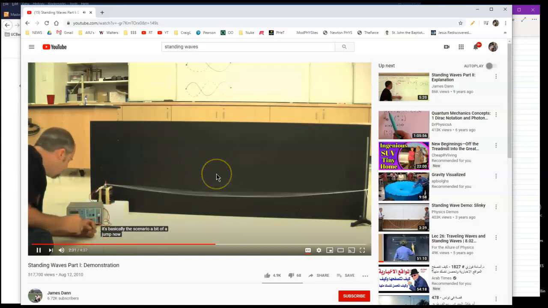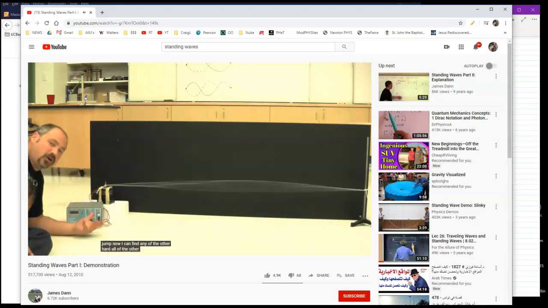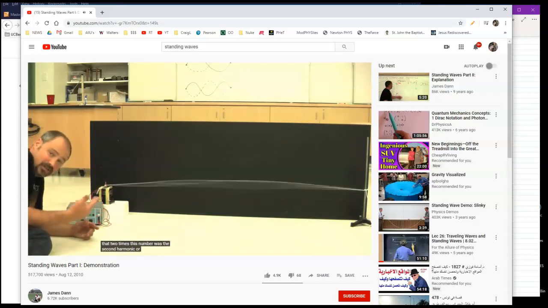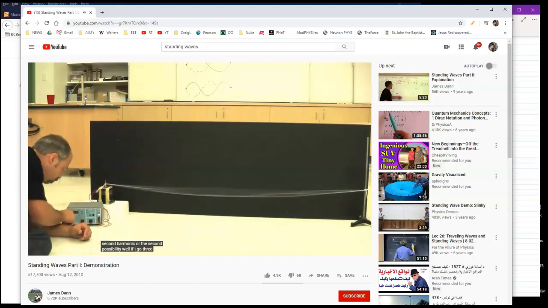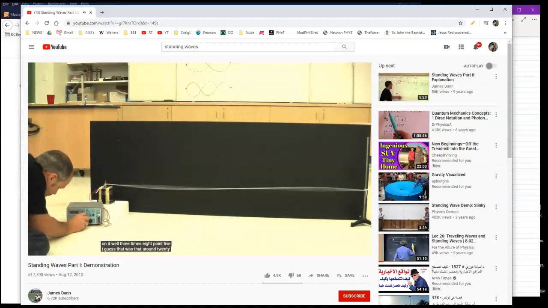I'll continue watching it. Now, I can find all of the other harmonics; they are multiples of this number. We just saw that 2 times this number was the second harmonic, or the second possibility. Well, if I go 3 times this fundamental, the third harmonic, 3 times 8.5, that's 25. And there we go.